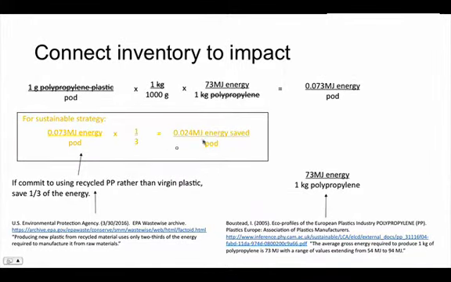If I know how much energy per pod, and one of my strategies is to commit to using 100% recycled polypropylene, I can multiply by 1/3 and look at how much energy is actually saved per pod if I decide to do that. And so this is the other piece of information we could pull out.